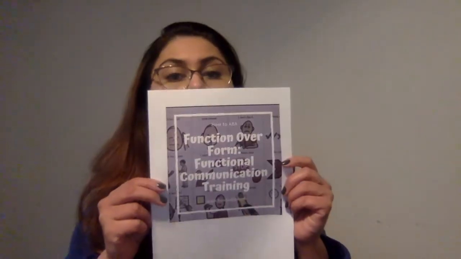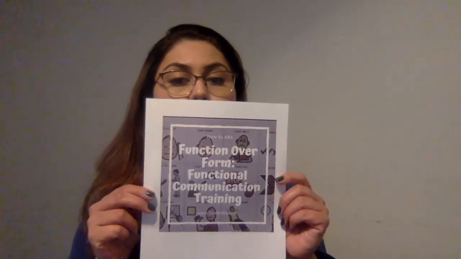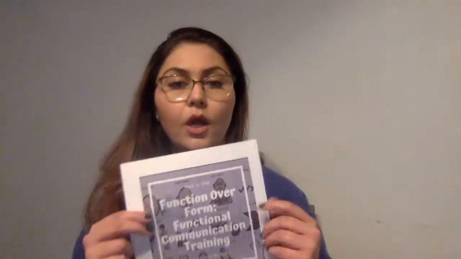And how do I give the child functional communication training where he can functionally communicate with me using sign language, a vocal way of communication, or a speech generating device, rather than having the maladaptive behavior? So this is all about functional communication training. And the only thing that we want to remember is function over form. Always look at the function over the form.